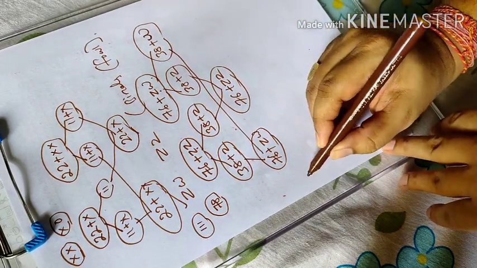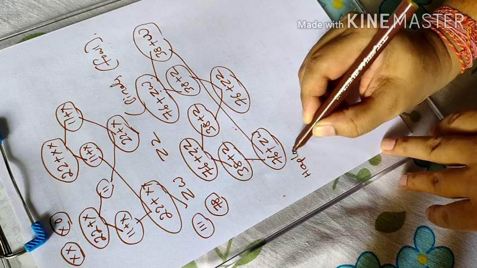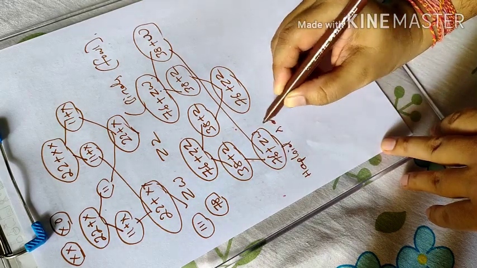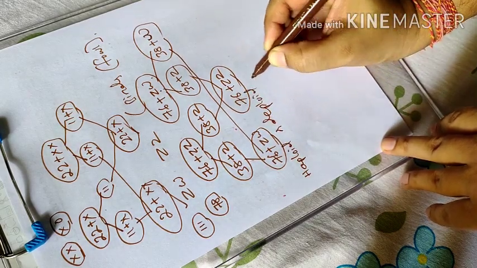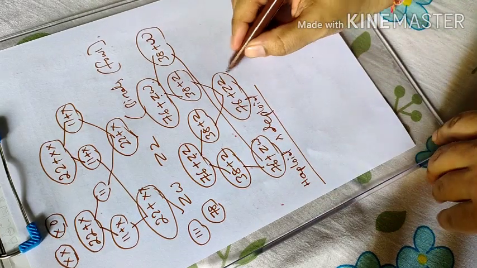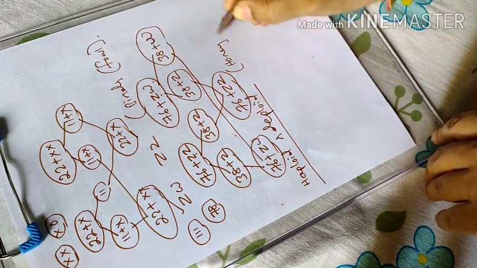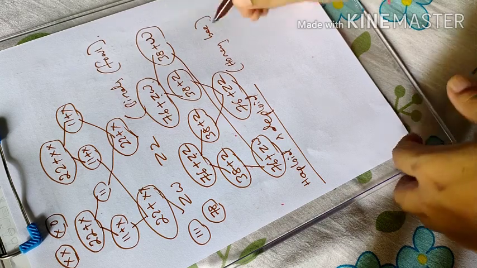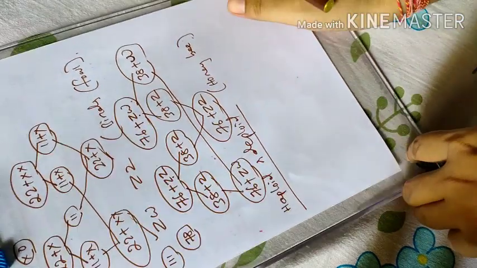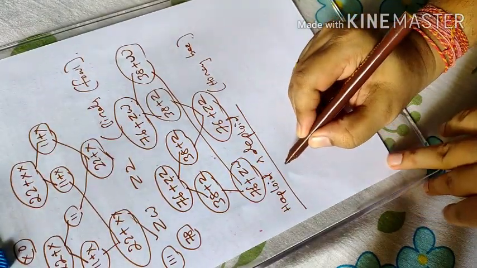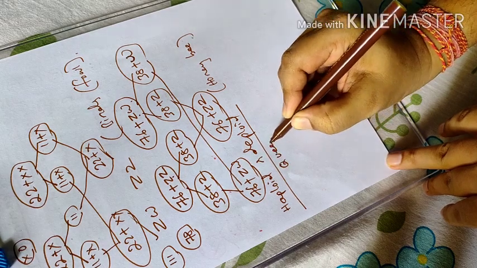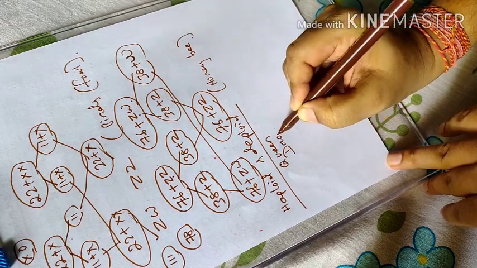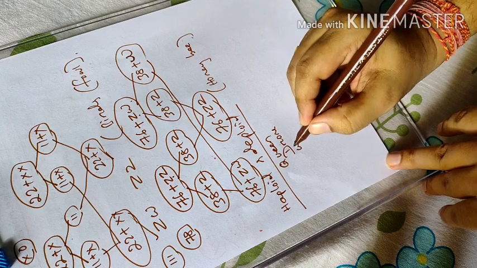Next, haploid and diploid type, that is seen in honeybee. In honeybee, there are three types of individuals: queen, drone, and worker.